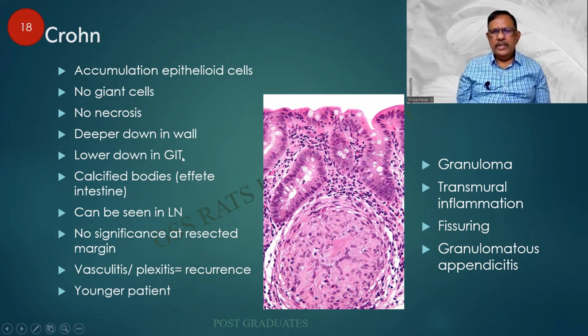We all know that Crohn's disease can affect anywhere from the anal canal up to the oral cavity, from the GIT to the extra-intestinal structures. Whatever it may be, the manifestations are more in the lower GIT. There is transmural inflammation, fissuring, and so on. Sometimes there is a granulomatous appendicitis, which can of course be seen even in a case of Enterobius vermicularis, vasculitis, and so on. So you find that there is an occurrence in a younger patient.